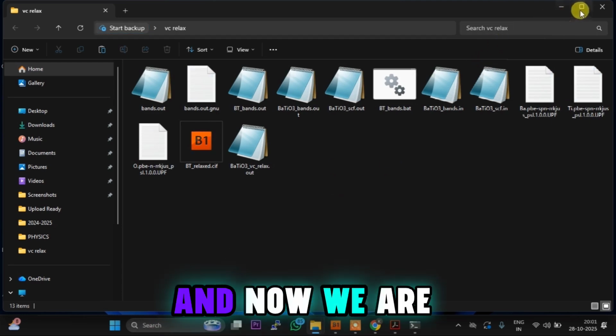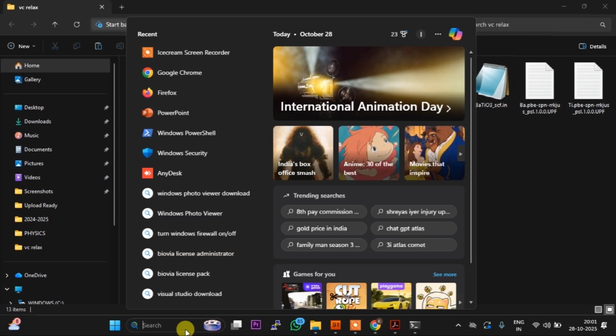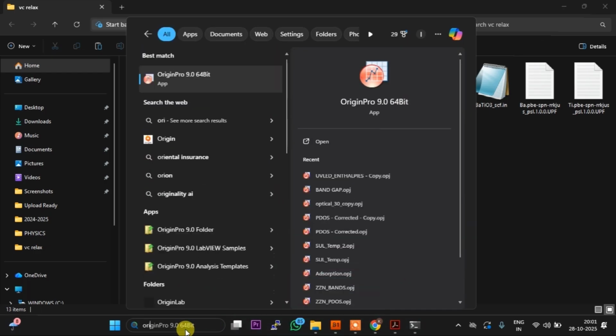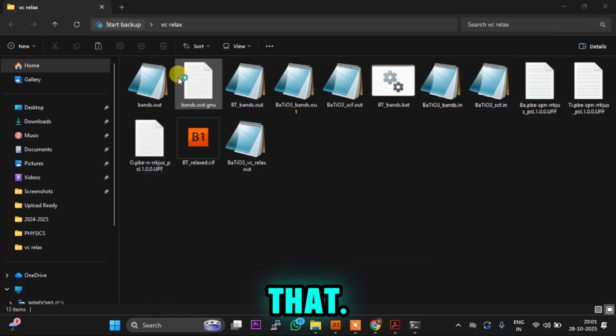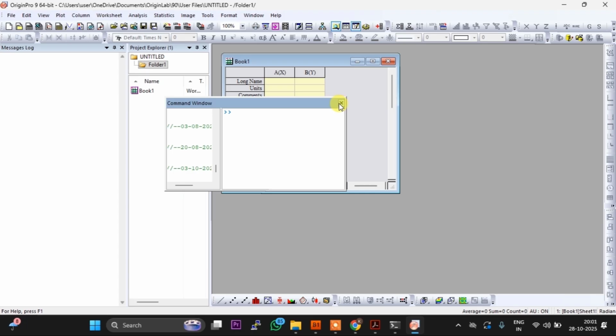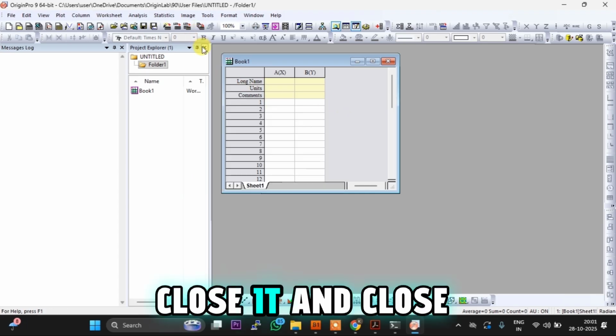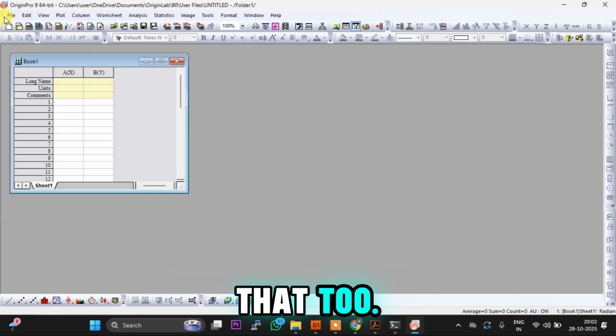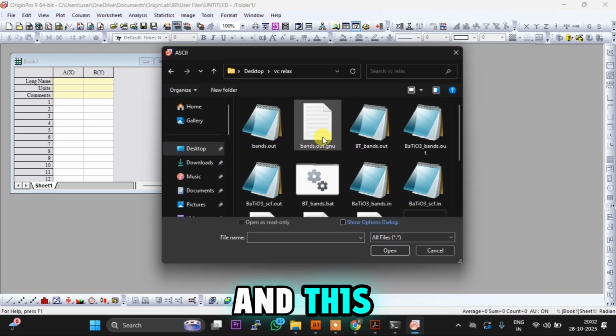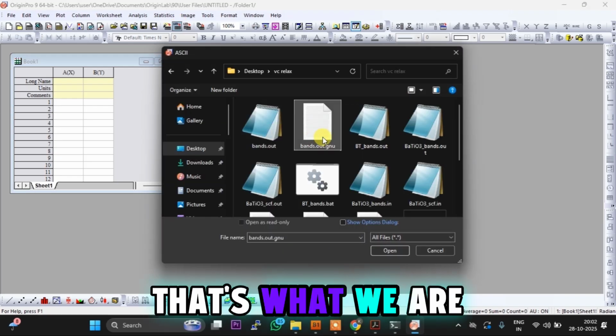And now we are going to plot this. We are going to plot this in Origin. So let me just open that. Okay, close it and close that too. We are going to take a single ASCII, right? And this GNU file, that's what we are going to plot.